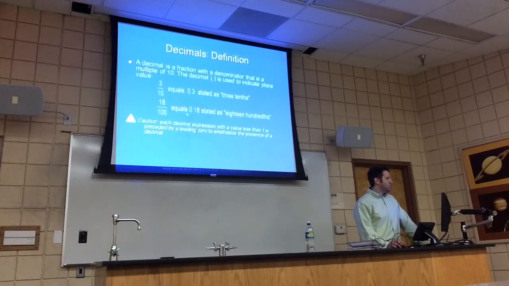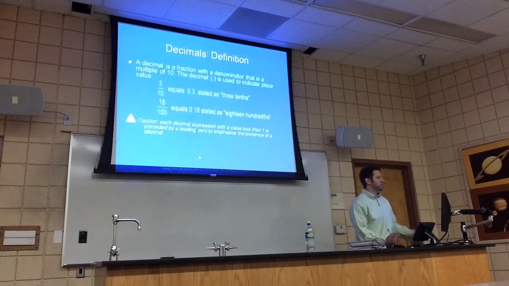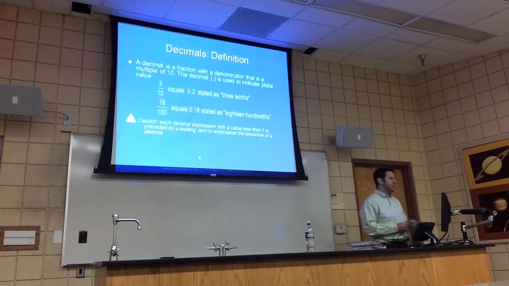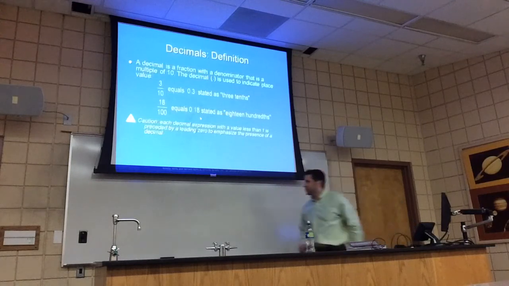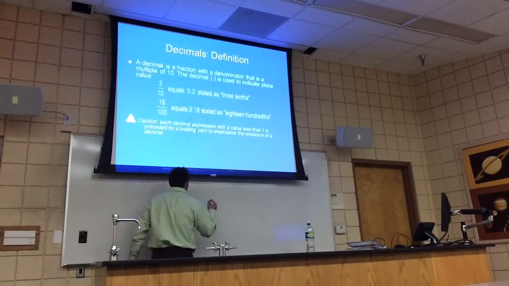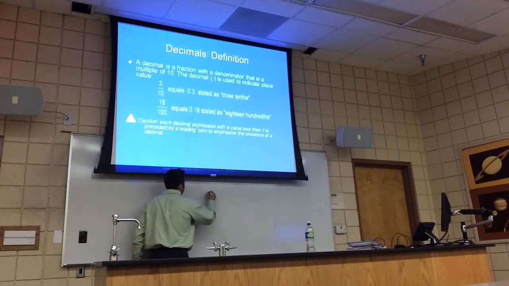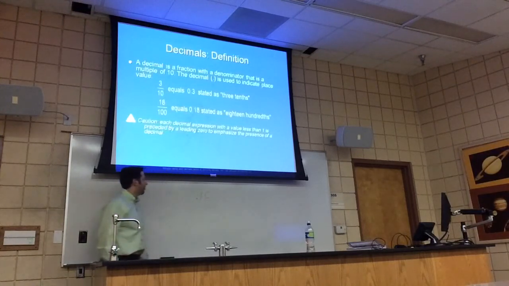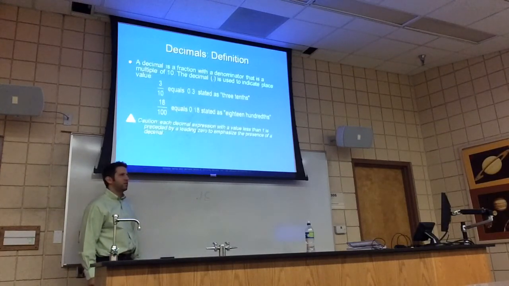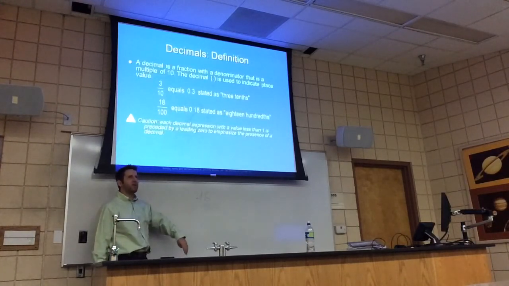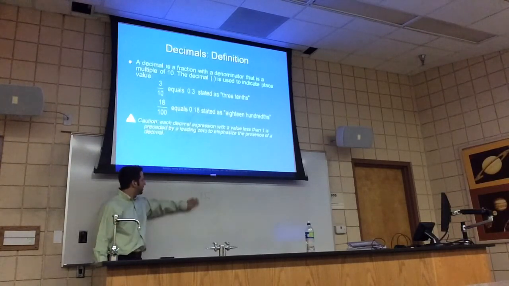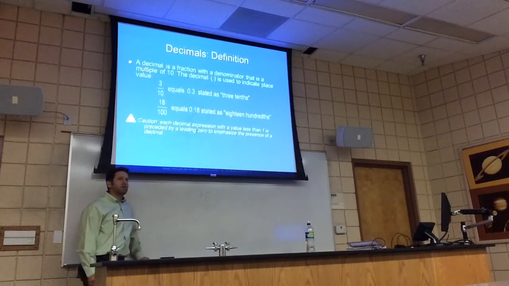Make sure, if you notice here, it says each decimal expression with a value less than 1 is preceded by a leading 0 to emphasize the presence of a decimal. I do that so that you guys can see, because what if I wrote this on the board as .18? No 0. Okay? I wrote it as a script, and my pen wasn't working that great that day, and you can't see that point.